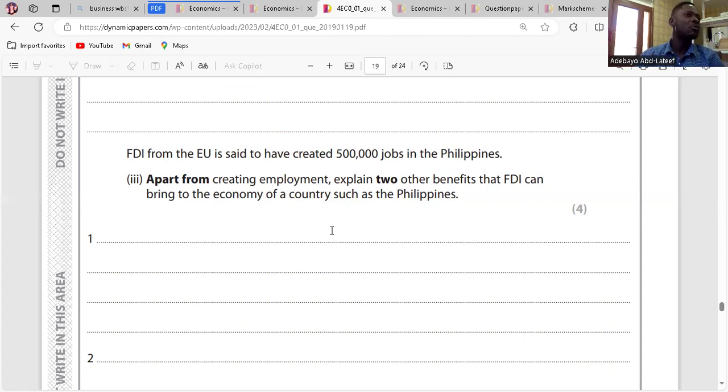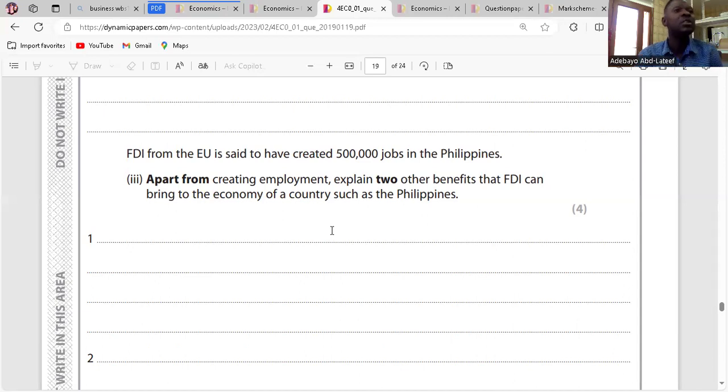When FDI comes in, if the country has raw materials needed by the multinationals, but there's a lack of road network, poor communication, and poor electricity, they might come in to invest in these things to make operations smooth for them. When they do it, it stays in that country, so the infrastructure in the economy improves.